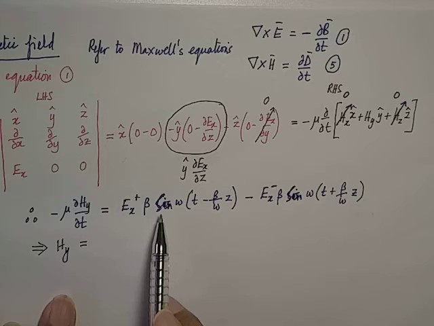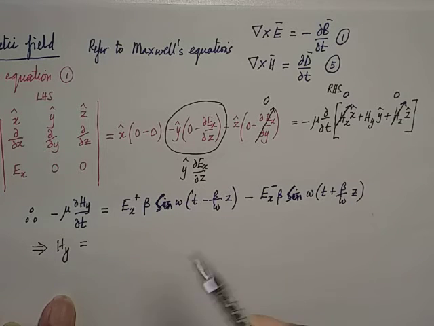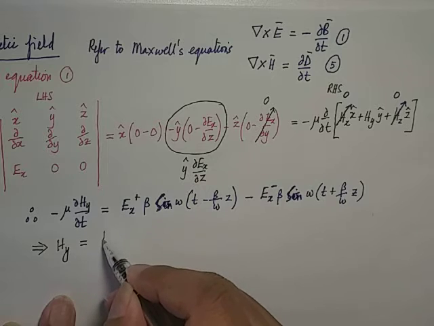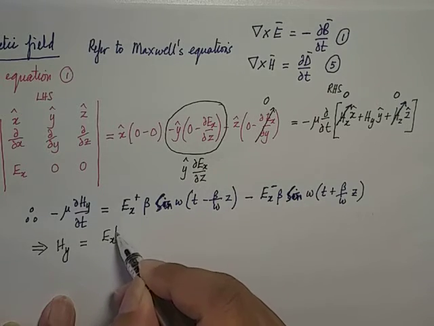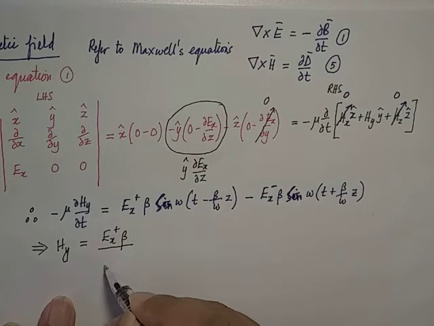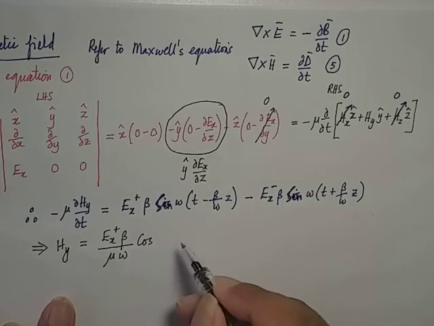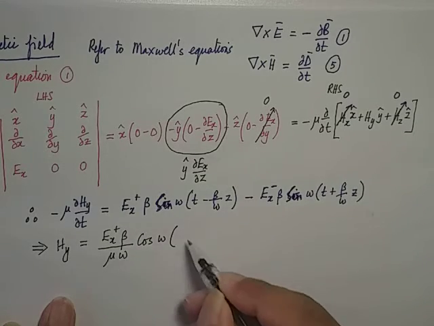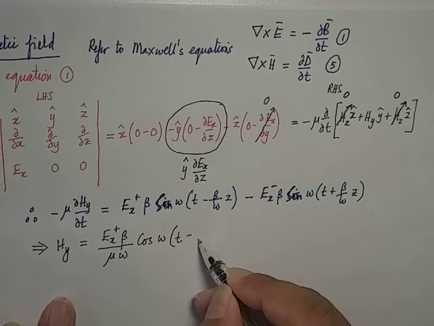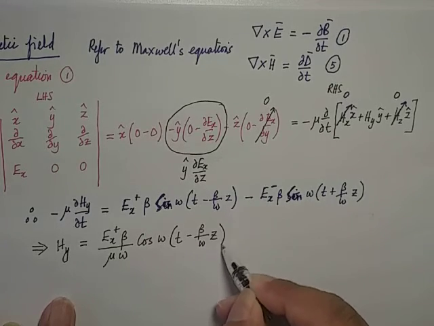Negative cos, correct? So negative cos with the negative here becomes positive. So we're going to have Ex positive beta over mu omega cos omega t minus beta over omega z. That should be the first solution.